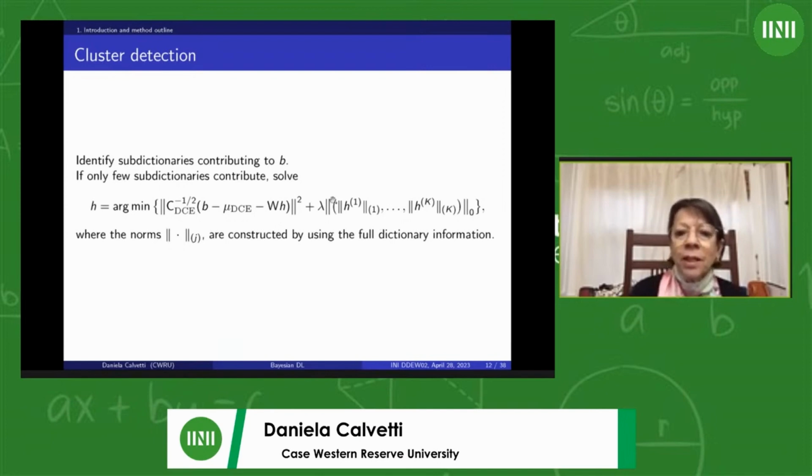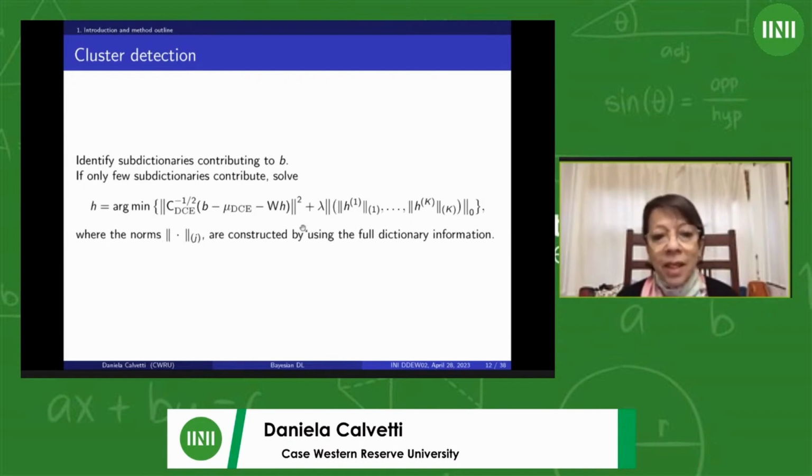So we want these norms to be of minimal support. With this zero norm, we are essentially counting the number of entries of this vector which are different from zero.